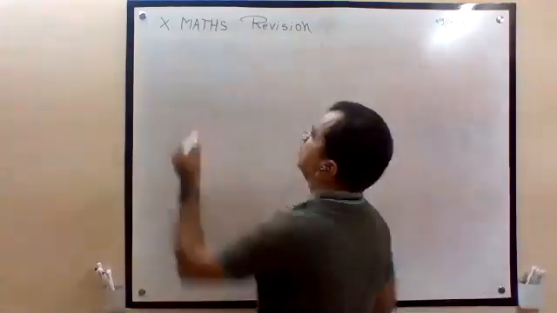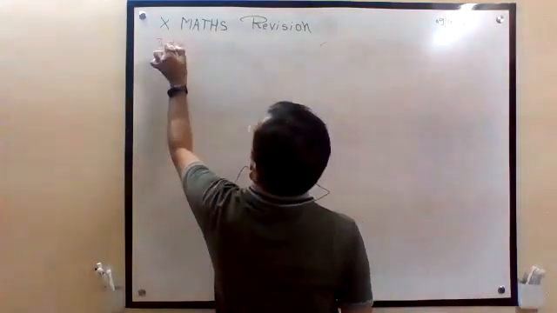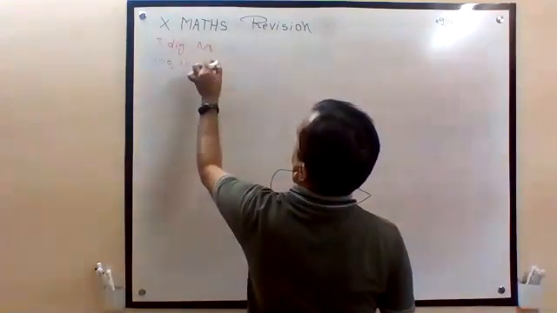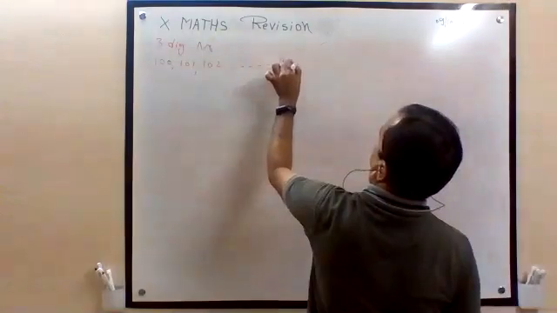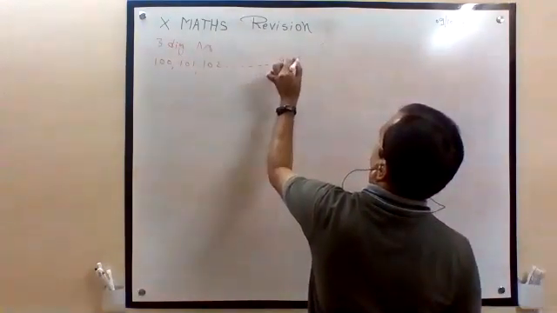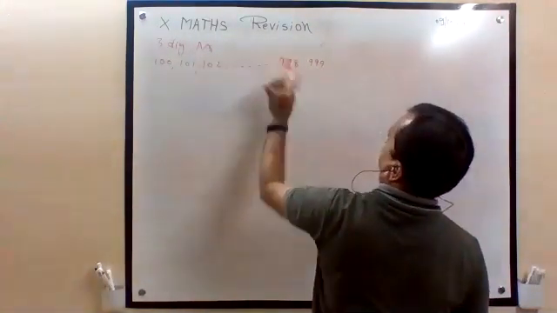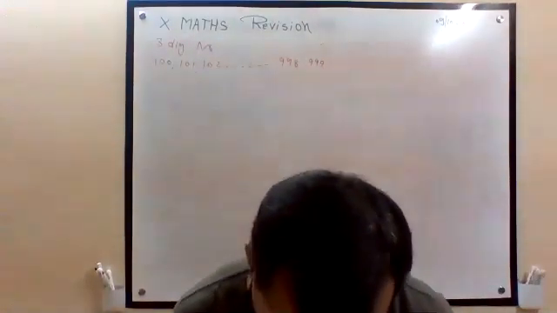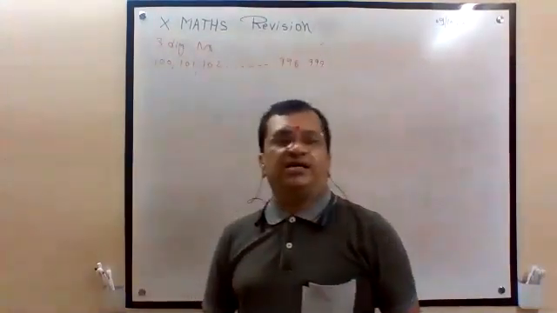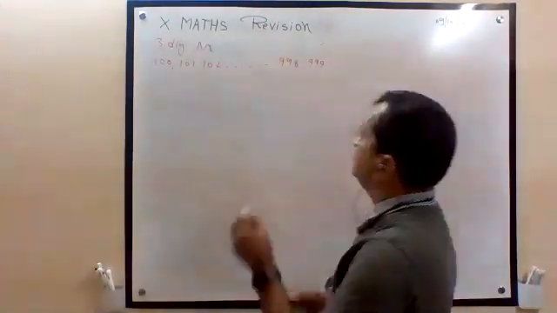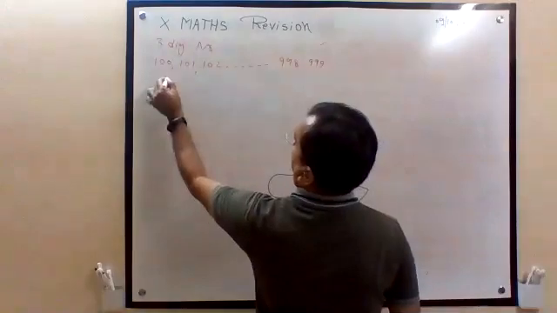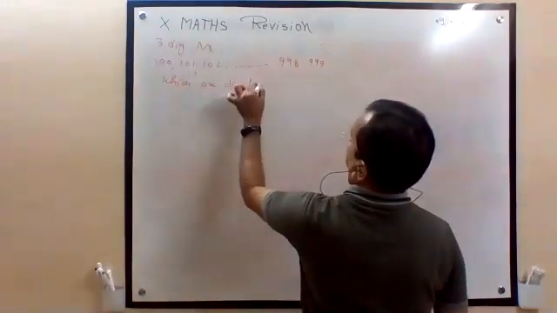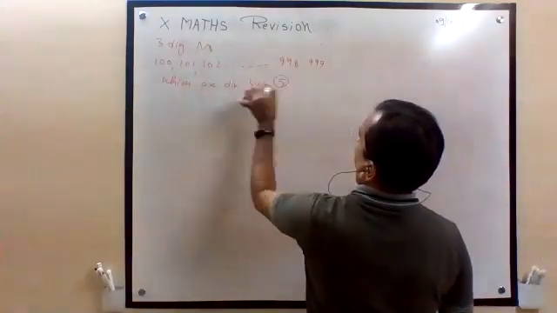First of all, find the 3-digit numbers: 100, 101, 102, up to 998, 999. These are the 3-digit numbers, but we want those divisible by 5. Which are divisible by 5?